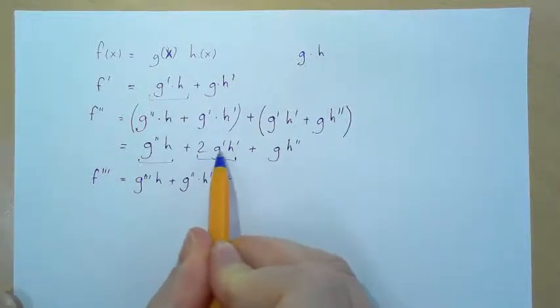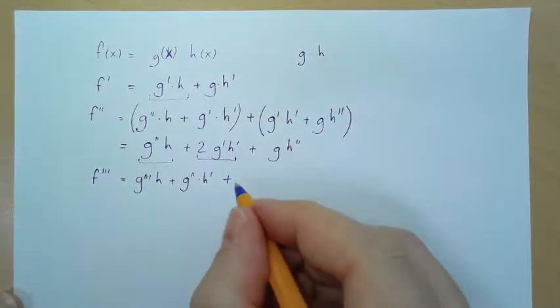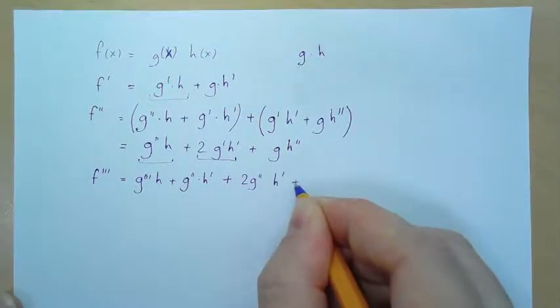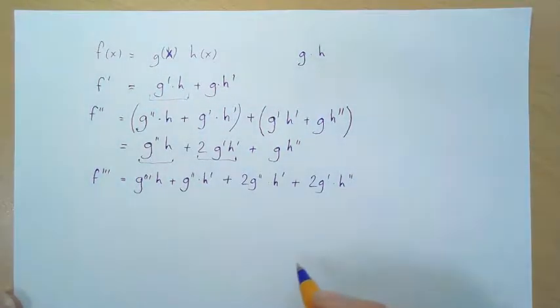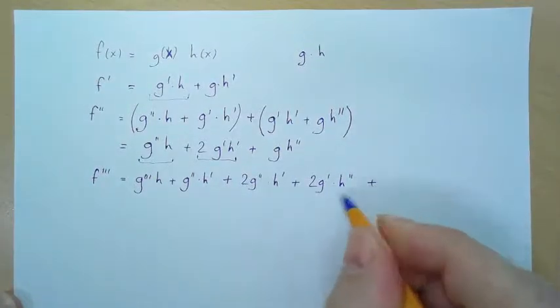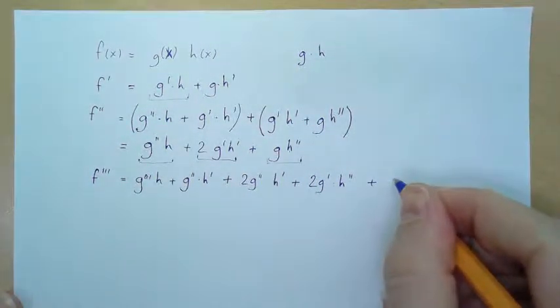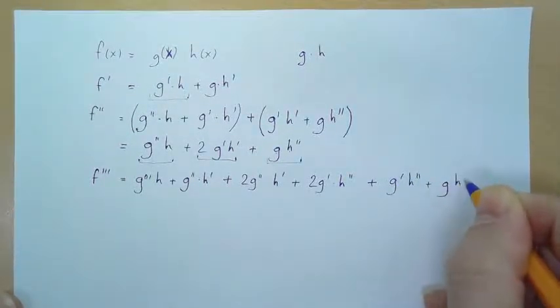I'm going to keep 2g prime together, and v as h prime. U prime v plus u v prime. And finally, u prime v plus u v prime.